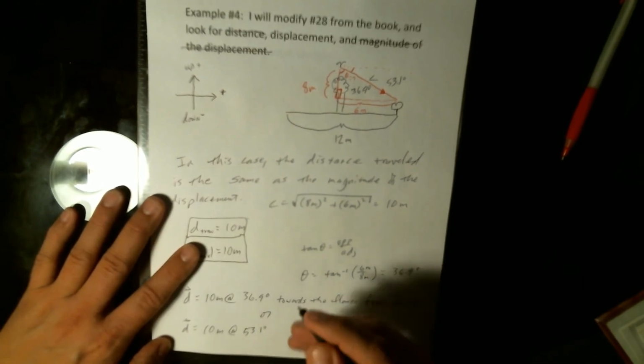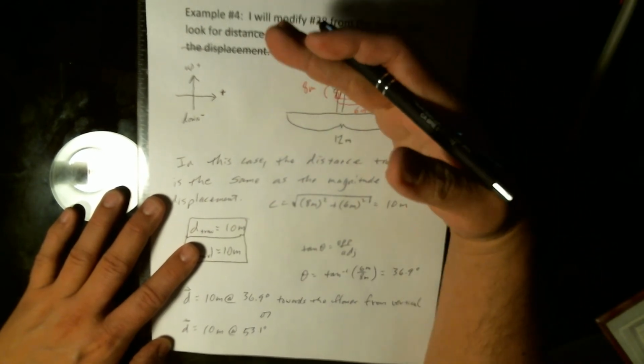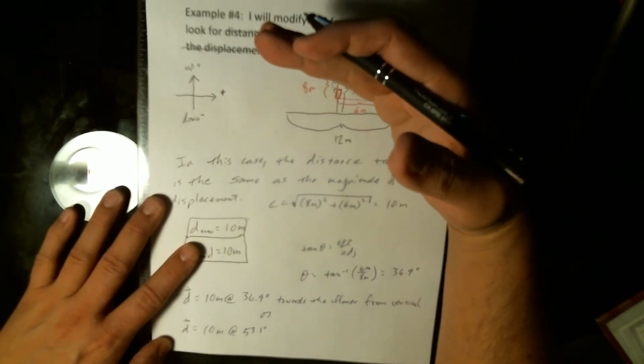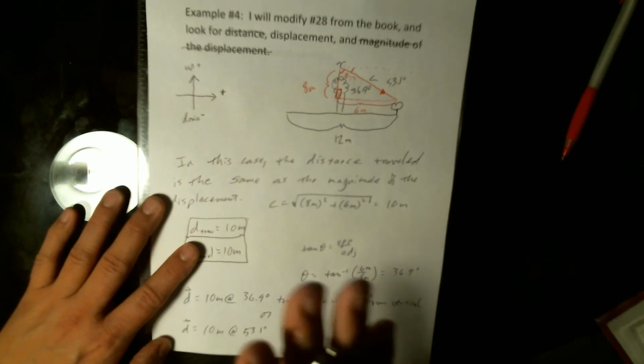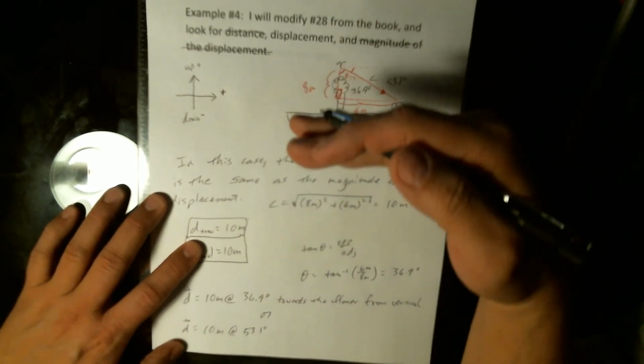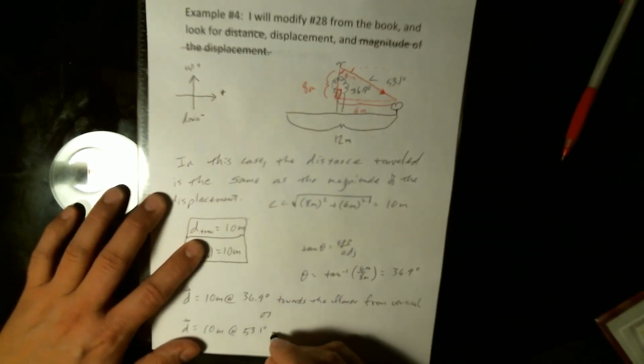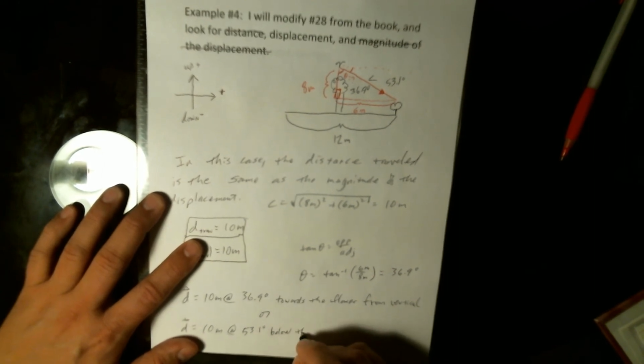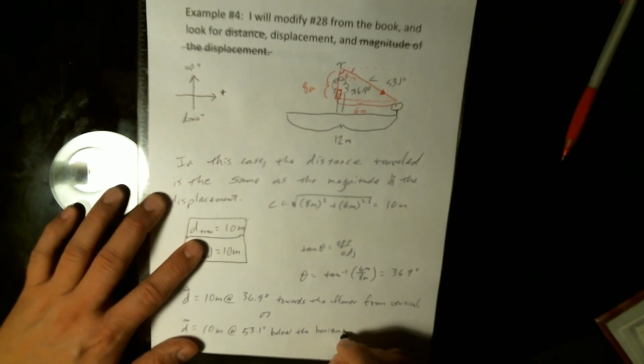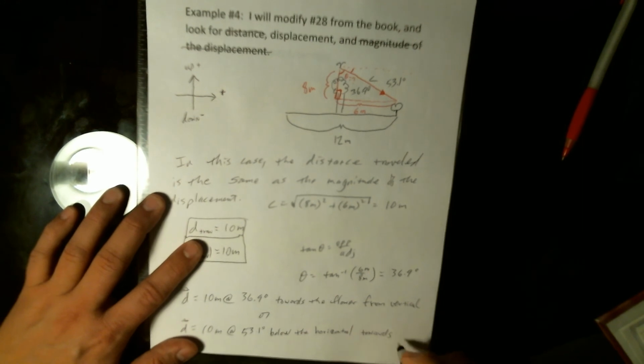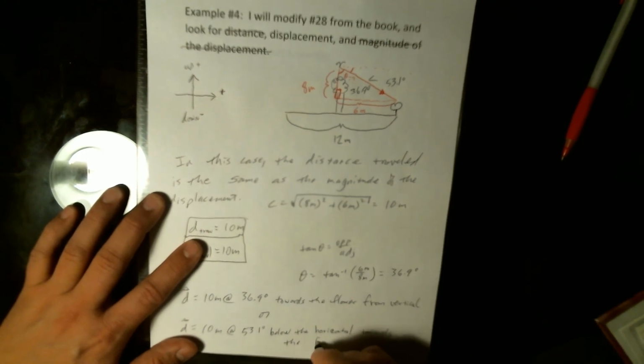So it would be below the horizontal towards the flower. Below the horizontal towards the flower. And that would be the answer for that one.